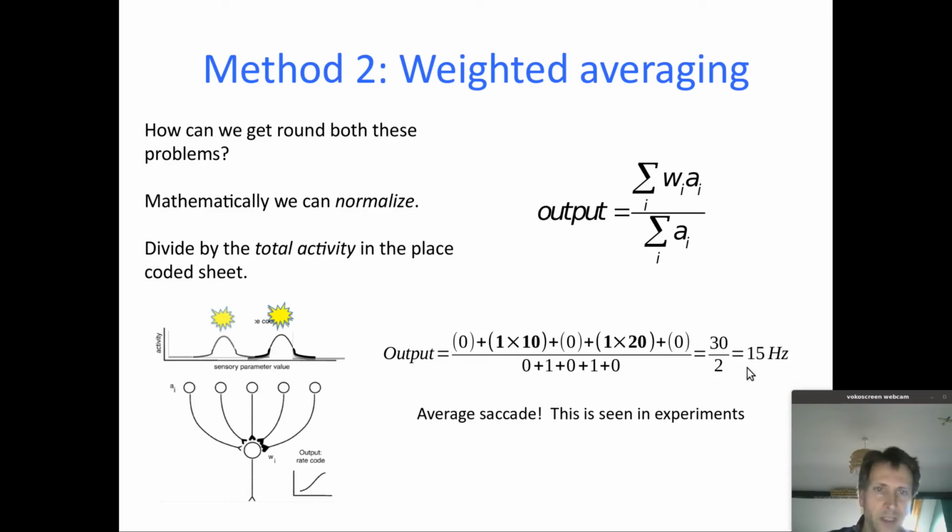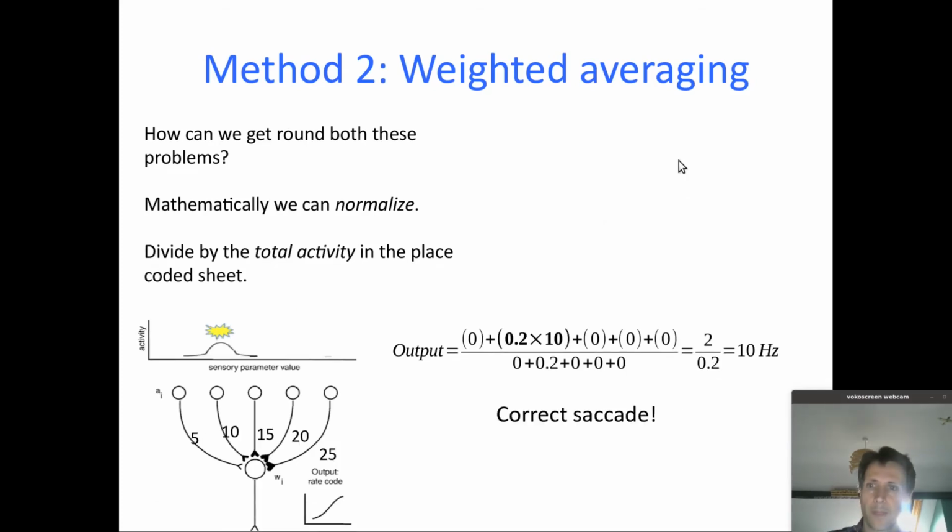If 10 Hertz gave us 10 degrees and 20 Hertz gave us 20 degrees, then 15 Hertz presumably gives us about 15 degrees, an average position between the two. That's exactly what you see in experiments: if you have two stimuli, the initial saccade will tend to land between the two stimuli. So this is good, right? There we are, correct saccade.